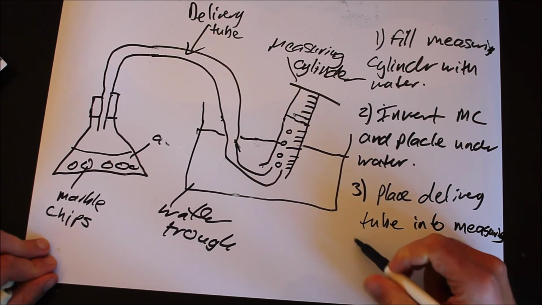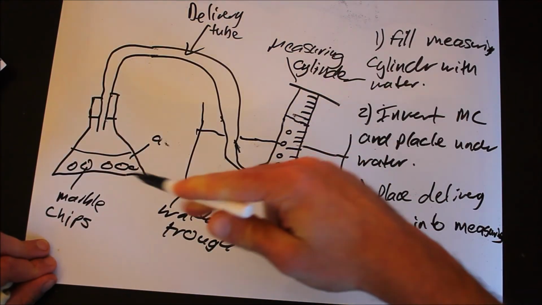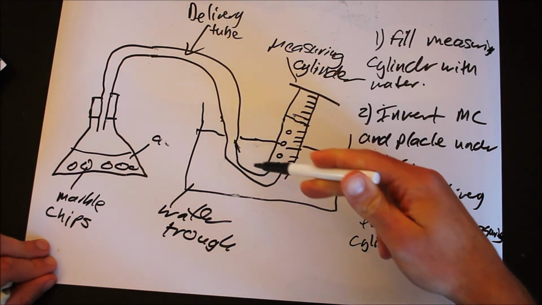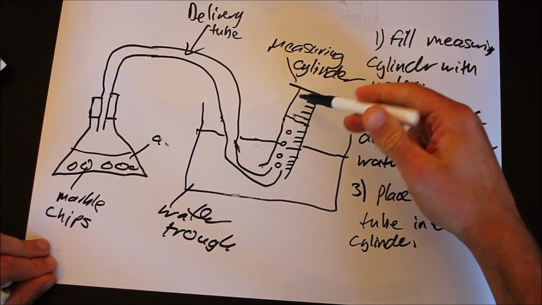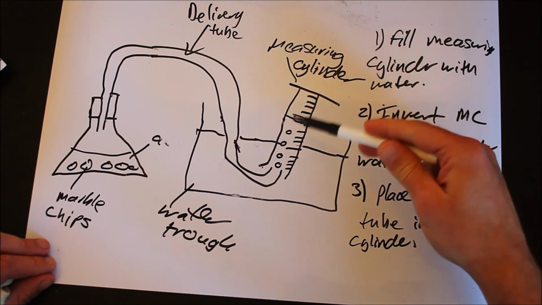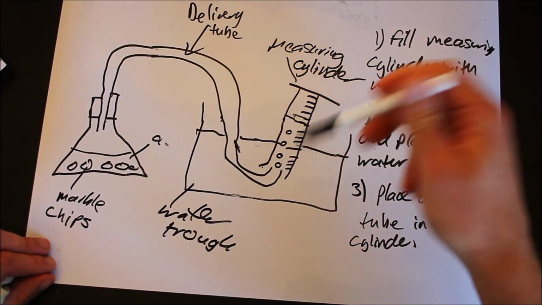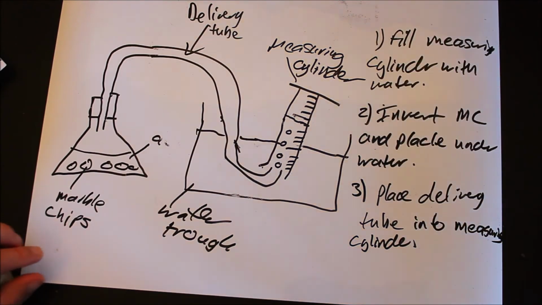And the idea here is the gas, as it gets evolved, will come down the delivery tube and it will displace the water. The bubbles, as you can see, rise up the measuring cylinder. They push the water out by displacement, and you can therefore measure the amount of gas you've produced.